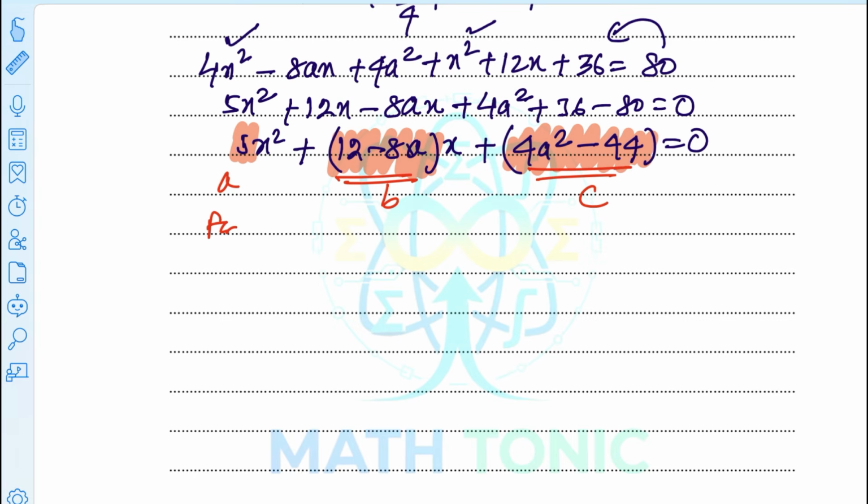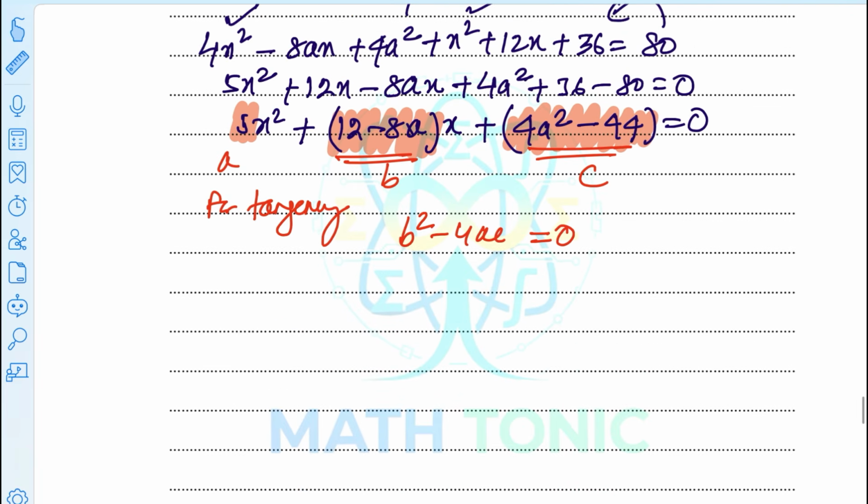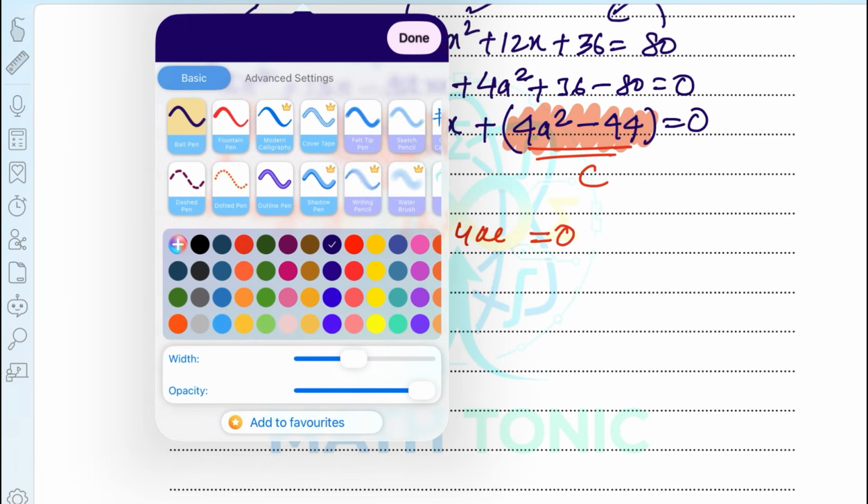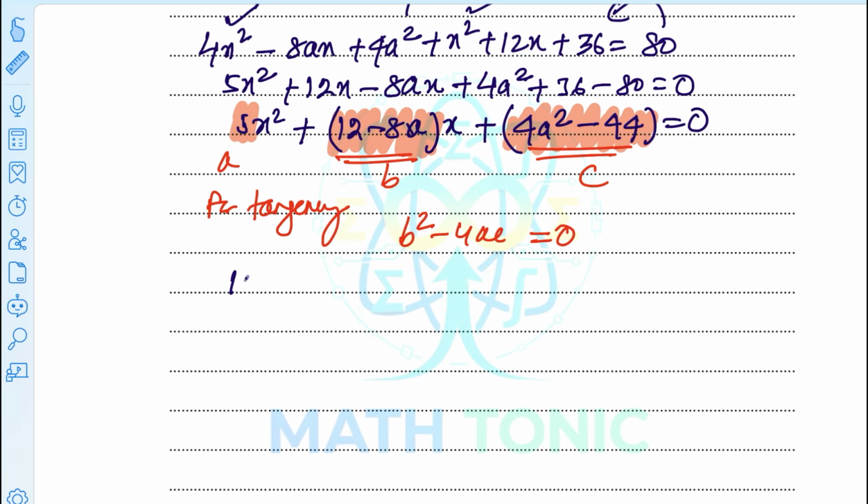And we know that for tangency, what is the formula? b squared minus 4ac equals 0 if it is tangent, right? Now let me put the values here. So it is given (12 minus 8a) squared, right, minus 4ac. 4 times a we have 5, and c we have 4a squared minus 44, that equals 0.